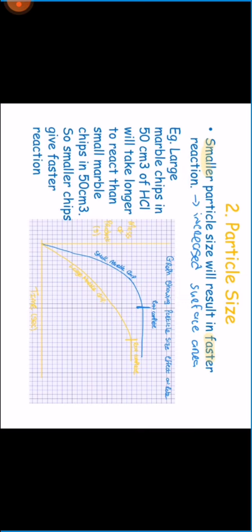If I was to draw this for you in a diagram format, we would see here that if I had one marble chip versus a marble chip that has been split in half, the HCl will only be able to react with the outer part of the marble chip, but when the marble chip is broken down into 2 smaller parts, there is more surface area for the hydrochloric acid to react with.